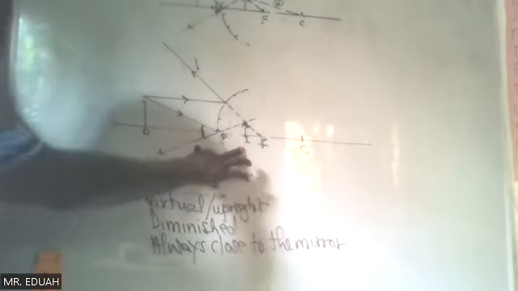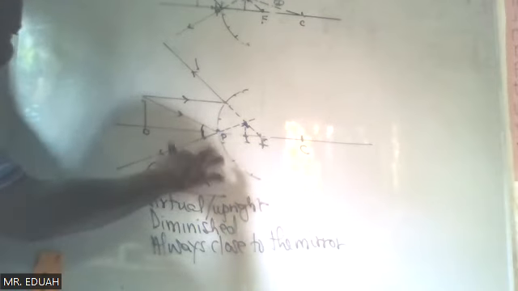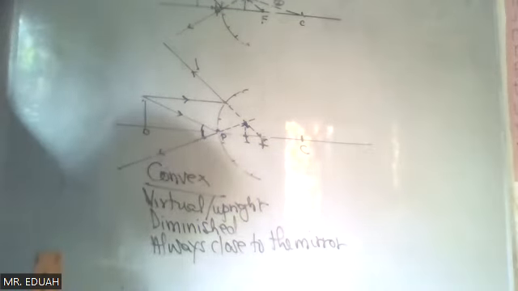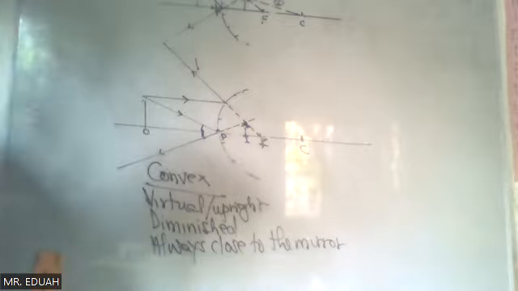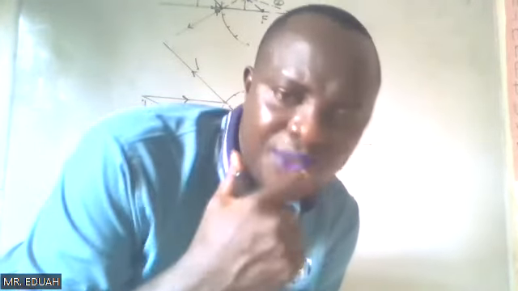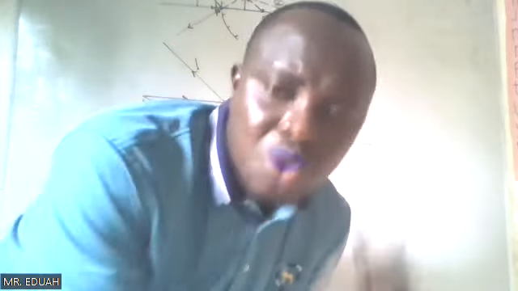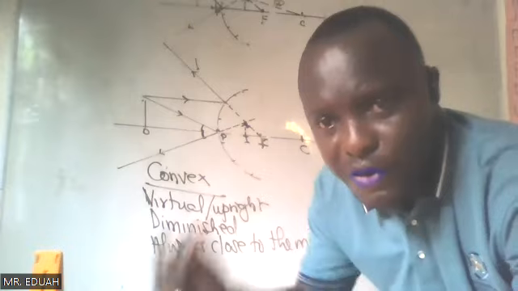And the point that the image formed is always closer to the mirror than it really is is an advantage during reverse driving. If you want to go back, you are looking through the mirror. What you see in the mirror is always closer than it really is. And so at the point where you think you are so close to hitting whatever you see, you stop. Meanwhile, in the actual world, that is not the situation. So this becomes an advantage during reverse driving.